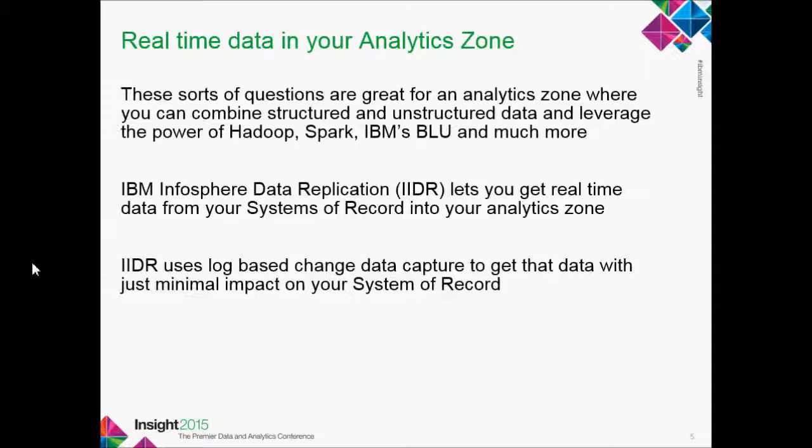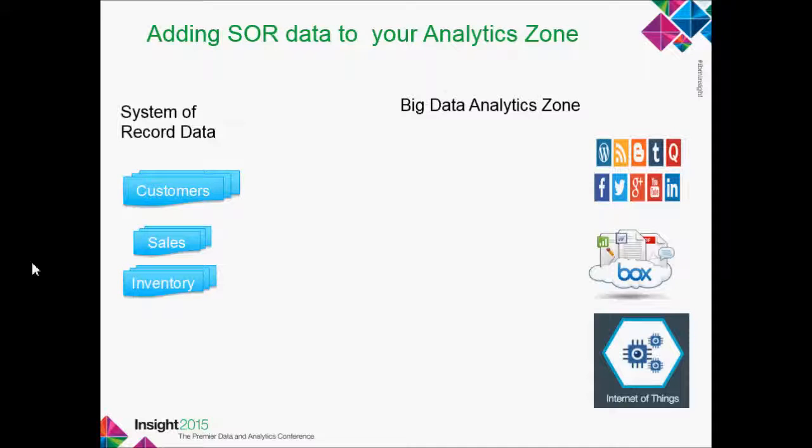IBM InfoSphere Data Replication, or IIDR, lets you get real-time data from your systems of record into this analytics zone. It uses log-based change capture, so it gets that data with minimal impact on your system of record.